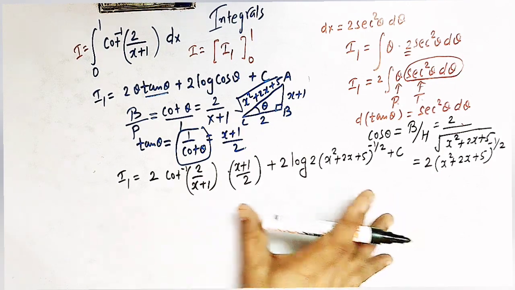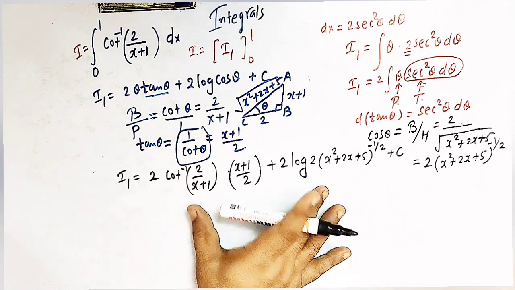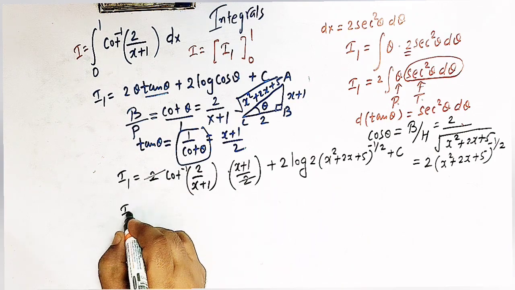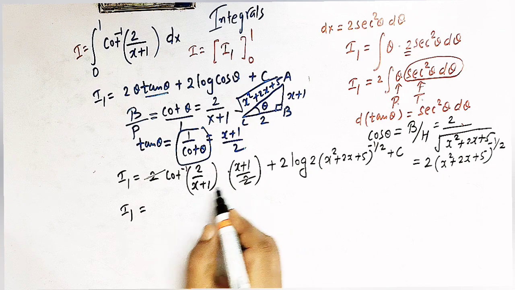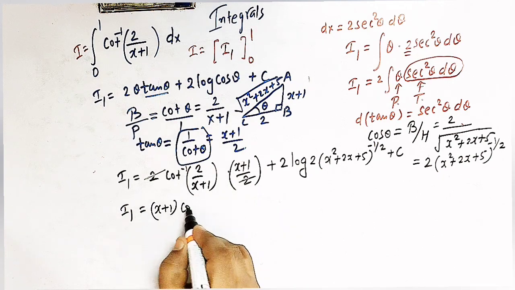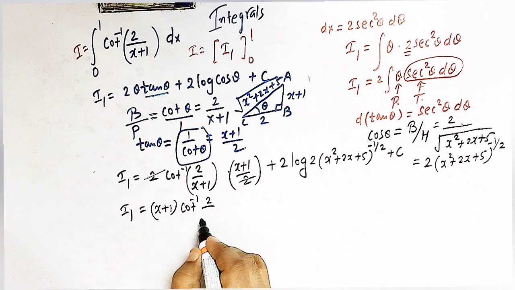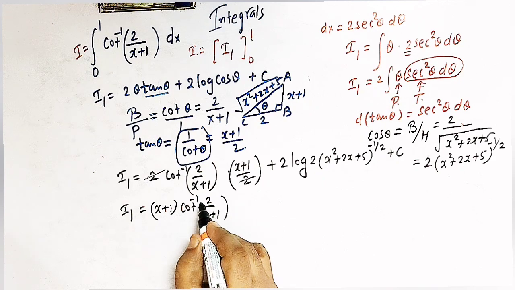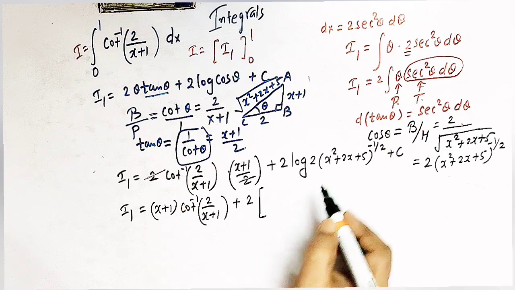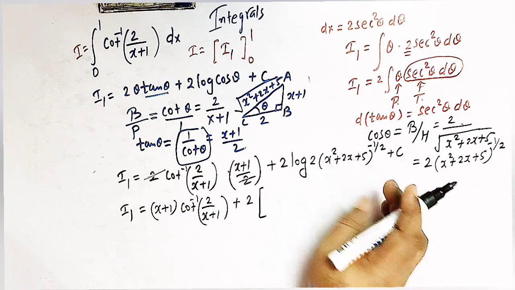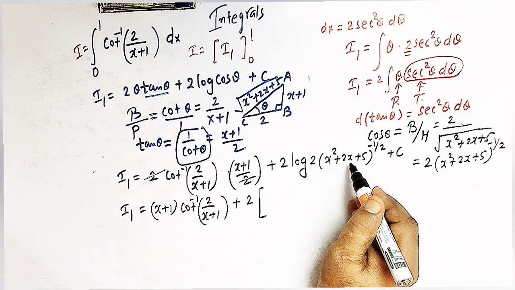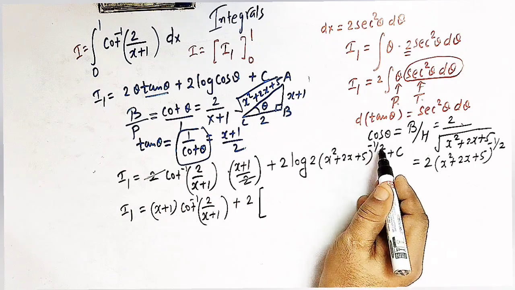So let us simplify this expression. Here this 2 and this 2 get cancelled. So we have I1 equal to x plus 1 times cot inverse 2 over x plus 1, and then here we have 2 times log of the product of two numbers, 2 times x square plus 2x plus 5 raised to minus half.